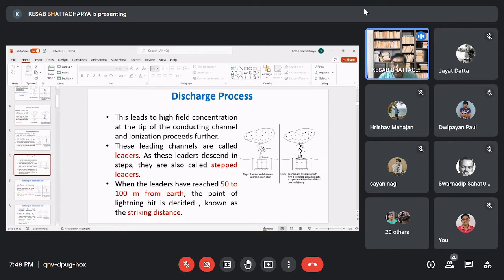Since the charge concentration is more, the electric field strength or stress will be more there, and further ionization will start from those points around the tip of the conducting channel.